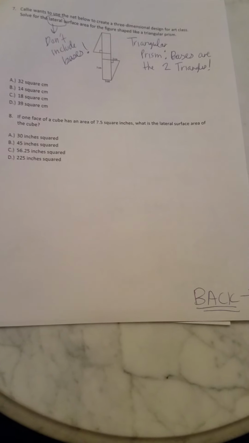So for a triangular prism, the bases are always the 2 triangles. So we just don't want the triangles. That means we're just going to do these 2 rectangles and then this shape here, which should be a square. So you're not going to do the 2 triangles because those are your bases and you want the lateral.